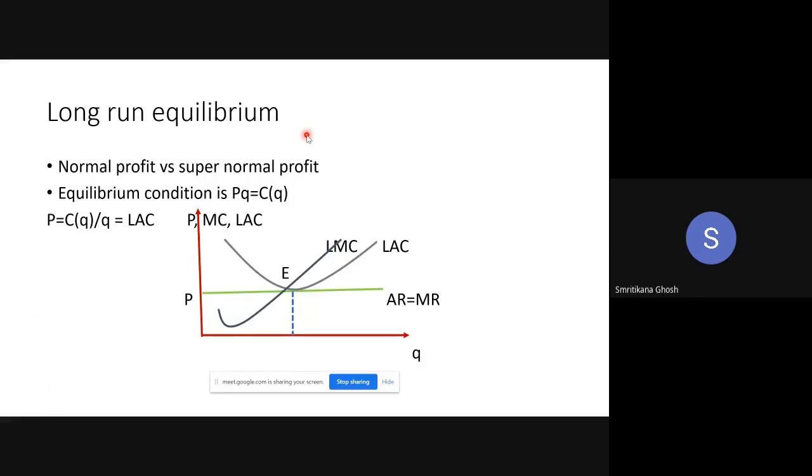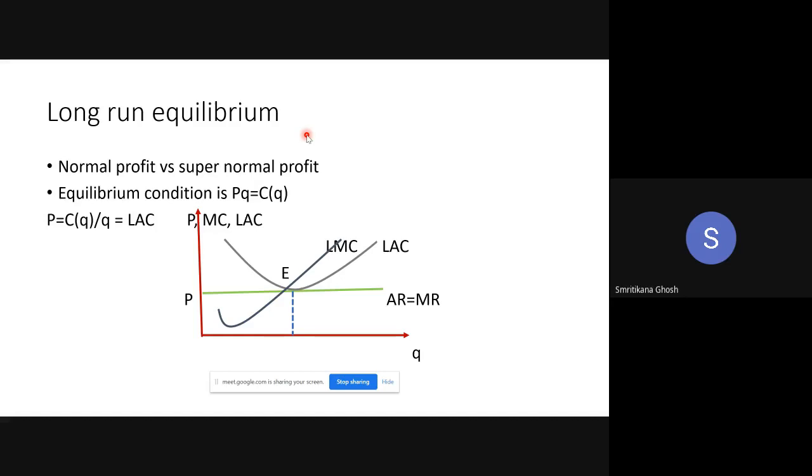Once you are earning supernormal profit, what will happen in the long run? New firms will enter, because there is free entry and exit. Existing firms are earning profit, so firms outside the industry are encouraged to enter, because they know that once they enter, they can earn profit.